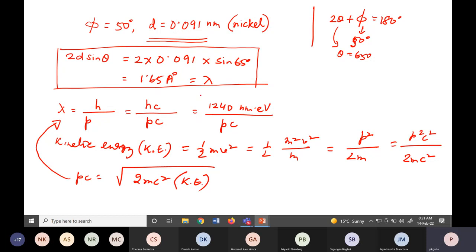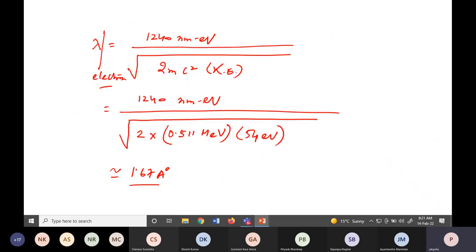And they managed to show that because of the wave nature of electron, they got a peak at 50 degree, right? So this is the first experimental proof of de Broglie's hypothesis. For this, in 1937, Davisson and Thomson got the Nobel Prize.